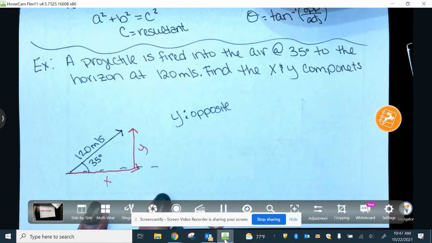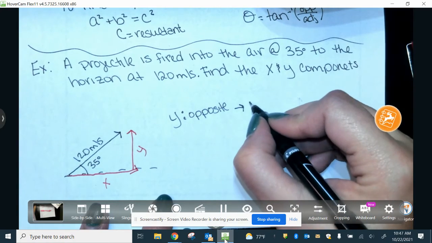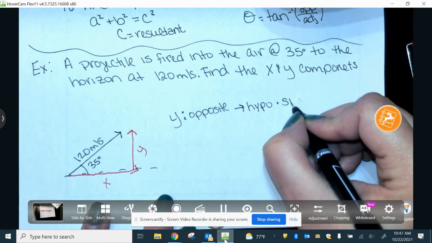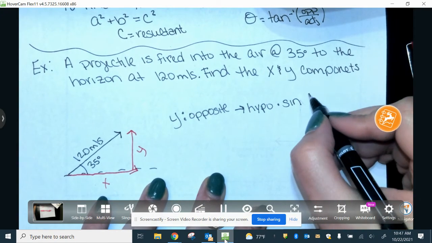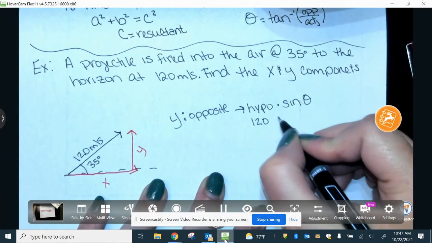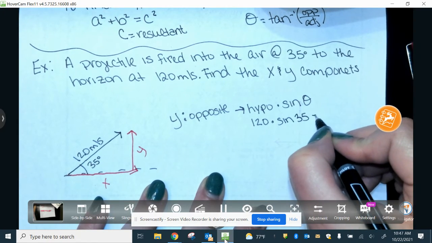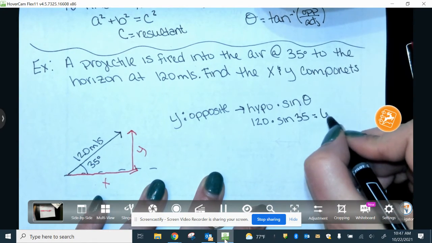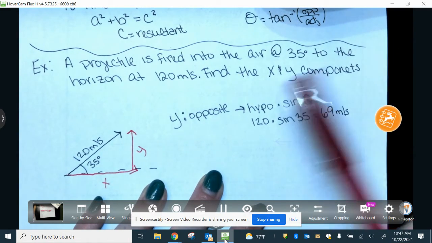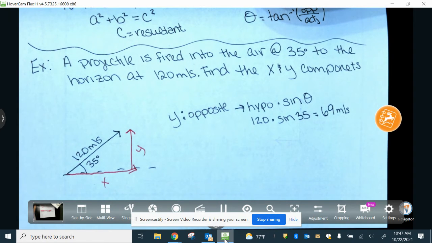My y vector is opposite of my angle, so I need to find my opposite. So I would use the hypotenuse times the sine of theta. In this case, my hypotenuse happens to be 120 times the sine of 35. And it should give me 69 meters per second with some rounding.